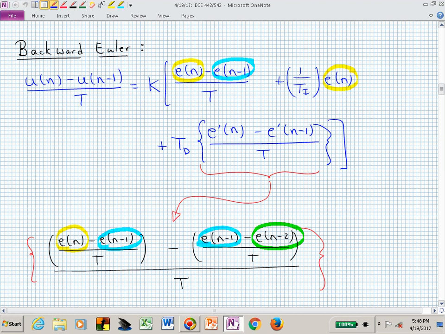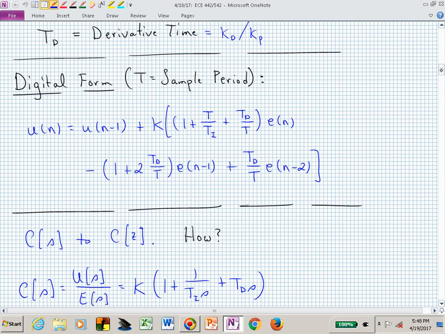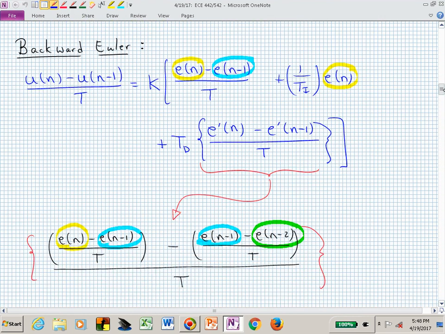Remember what we were trying to find? We were trying to find this equation: u of n is equal to something. And we have a u of n and a u of n minus 1. What we want to do now is make that happen with this.